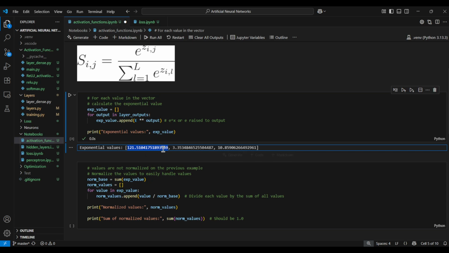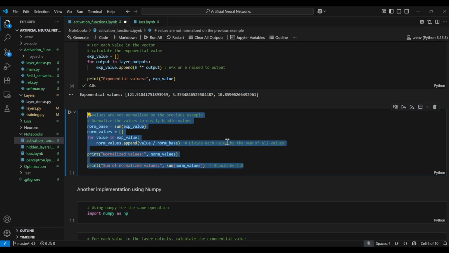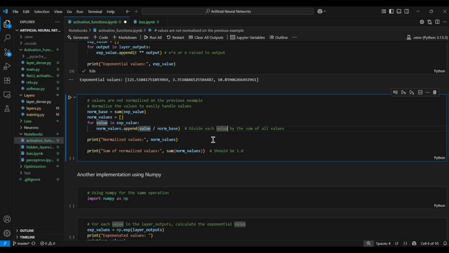What if you want to consider all of the decimal points of the Euler's constant? That will take a lot of decimal places. In that case, we need to normalize in order to solve the problem with floating numbers. To normalize, you get the sum, so you will have your base values, or your denominator.